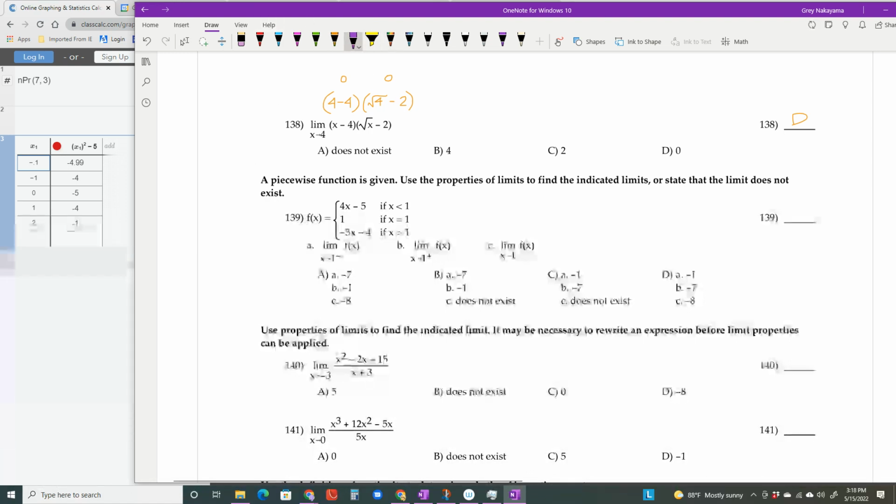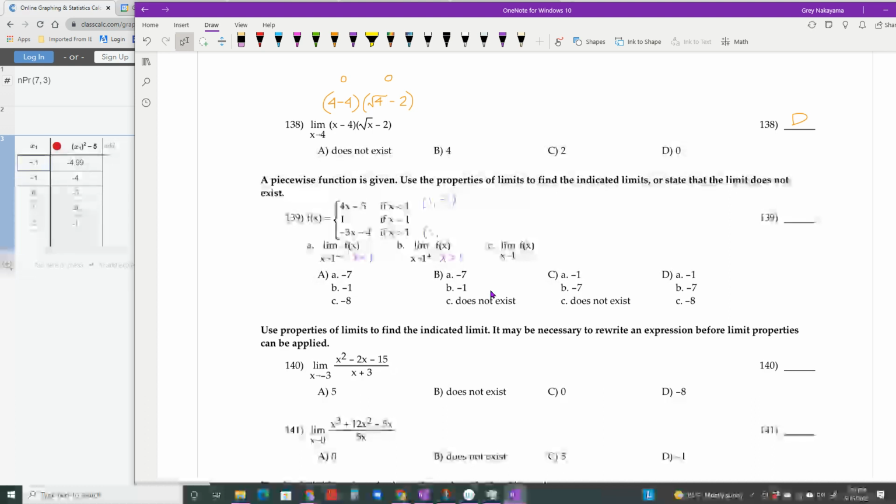Okay, a piecewise function. They need us to find the limit as x approaches 1 from the left. So then I need to look at the piece where it's less than 1. So I'm going to go up here and plug in 1. Plug in 1, I get negative 1. Now x approaching 1 from the right means I'm looking at that piece of the function.